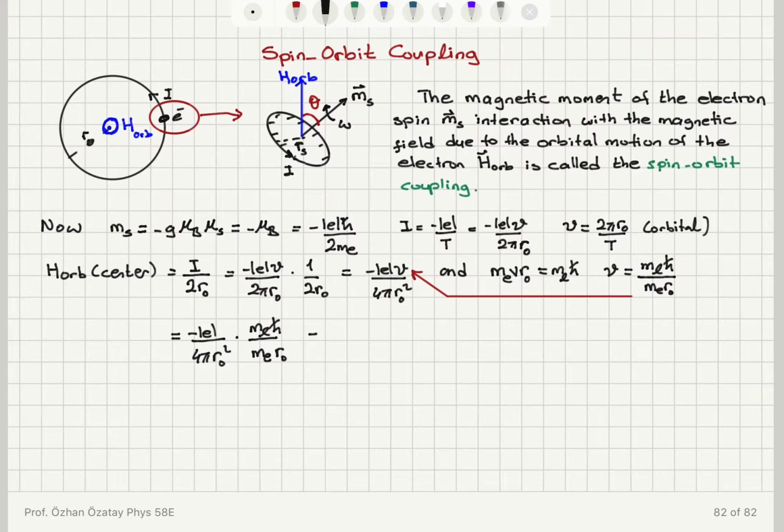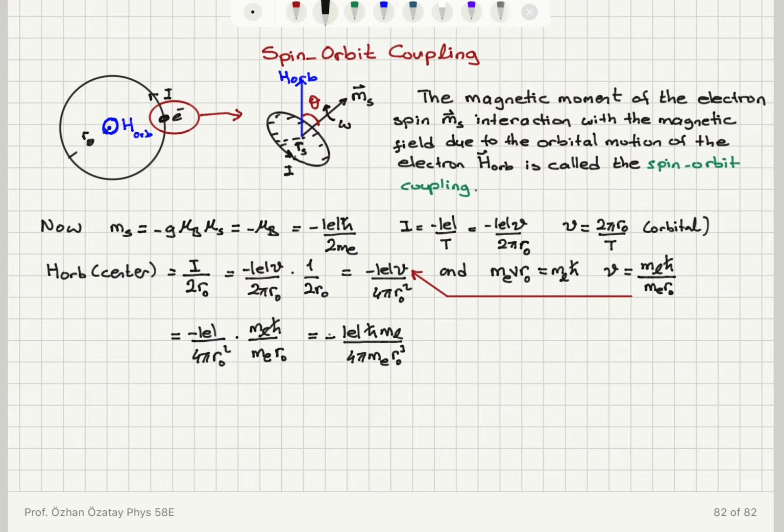So this gives us minus e h bar m sub l divided by 4 pi mass of the electron r_0 cubed.